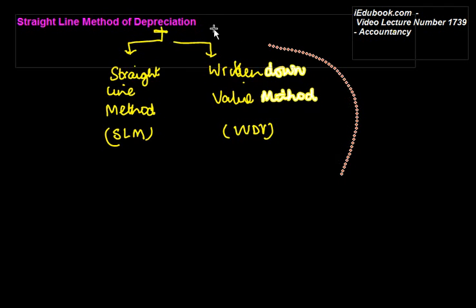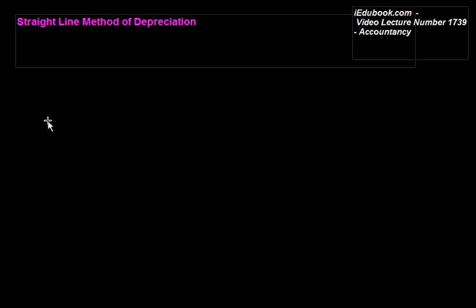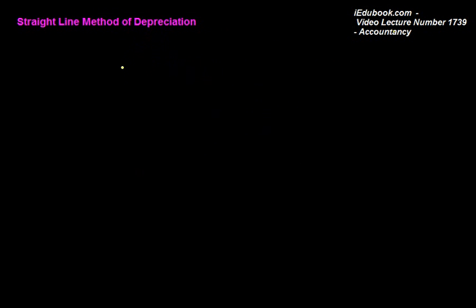Because the topic for discussion is the straight line method or the SLM method, let's first look at this. Under this method, let's say for example, the cost of an asset is 20,000. We discussed earlier that there were three aspects which were important to see how much depreciation has to be charged.